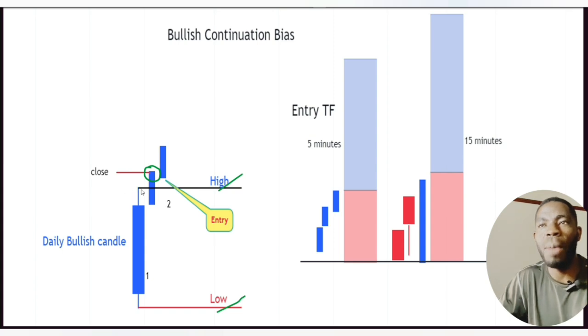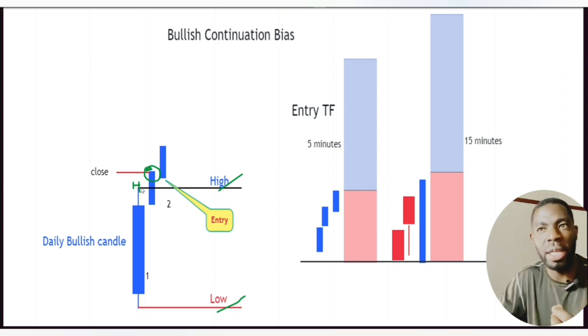The close has to be the body's close, don't consider the wick. It has to close with its body above the previous day's highest price.